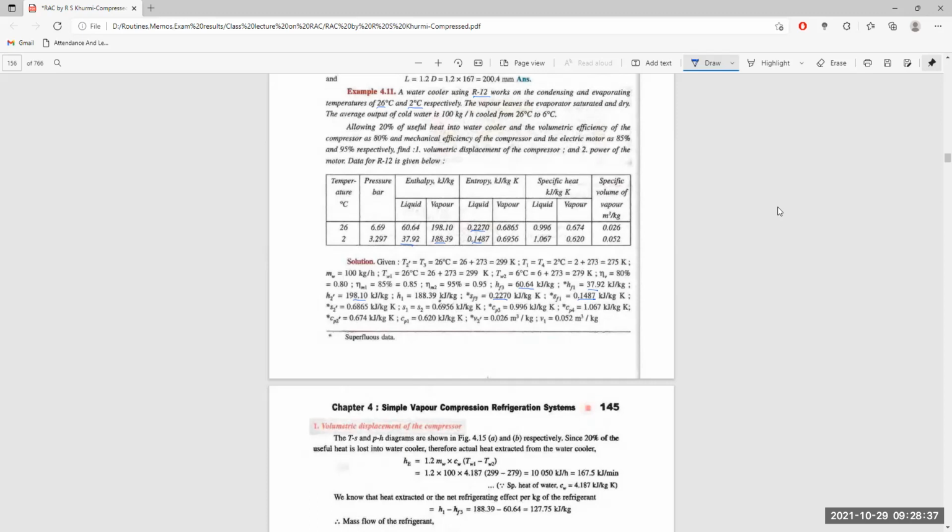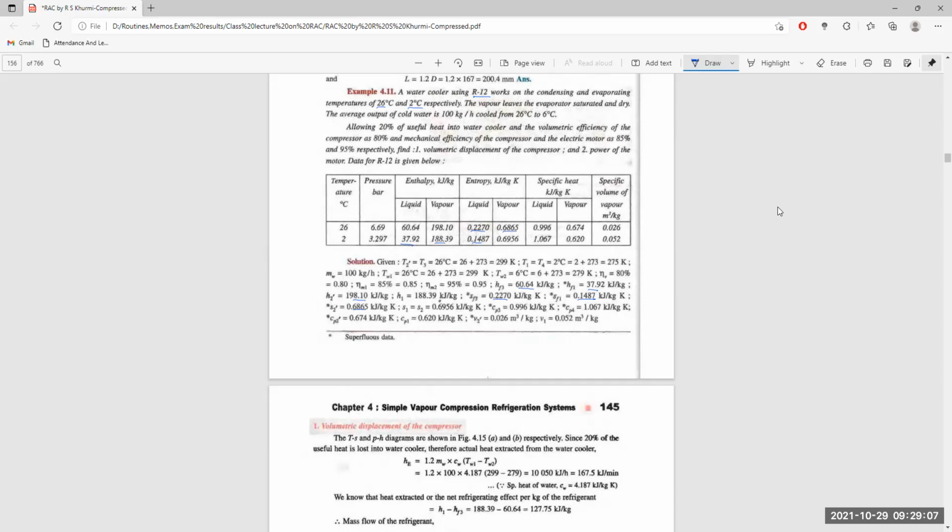This is the entropy of the refrigerant in vapor stage on the dry saturated line, as per the condensate temperature of 26 degrees centigrade. It will be 0.6865 itself.